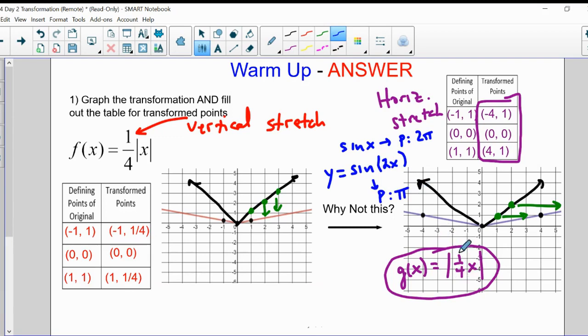So we're dividing the x values by whatever this number is. Notice that this 1 did not get multiplied by 1/4. It got divided by 1/4. So 1 divided by 1/4 actually moves it to 4. So this number, even though it's smaller than 1, is actually stretching our values, whereas in this sine graph, that was shrinking our x values.